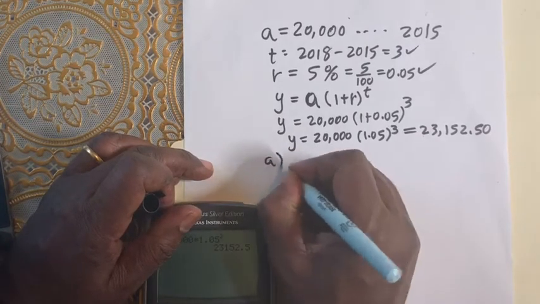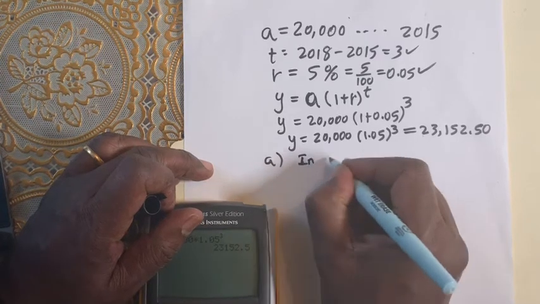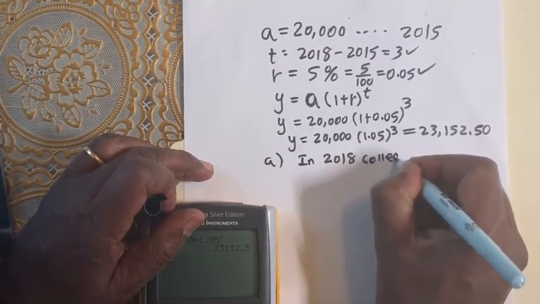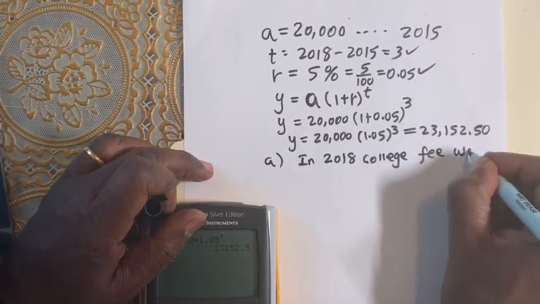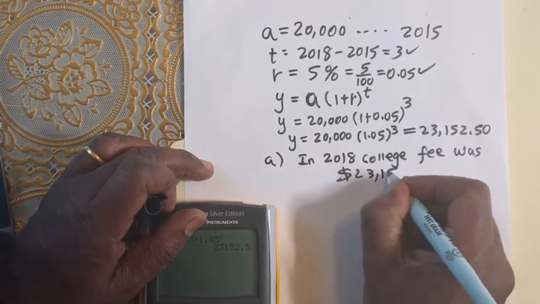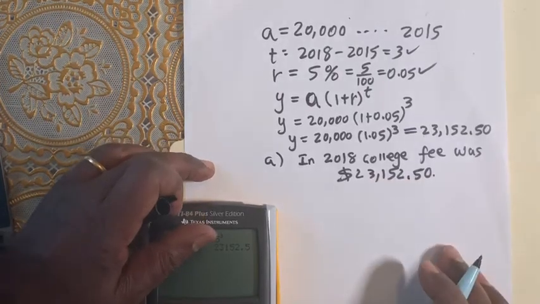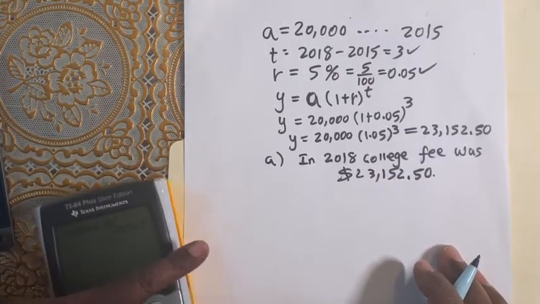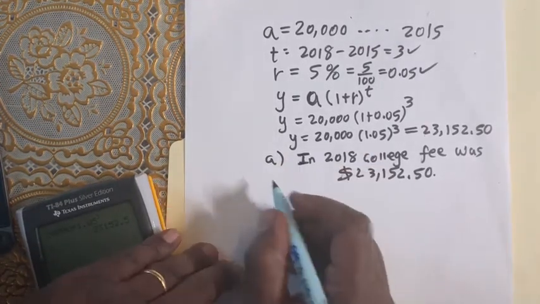So for A, in 2018, college fee was 23,152.50. Okay, this is our answer for question A.